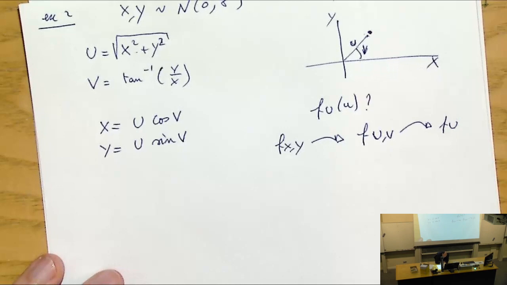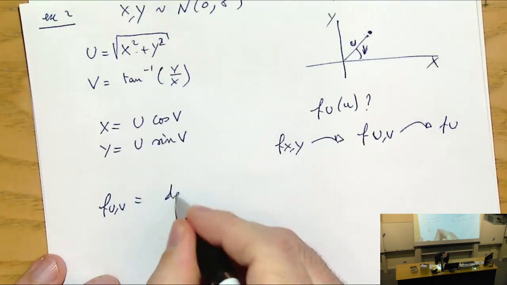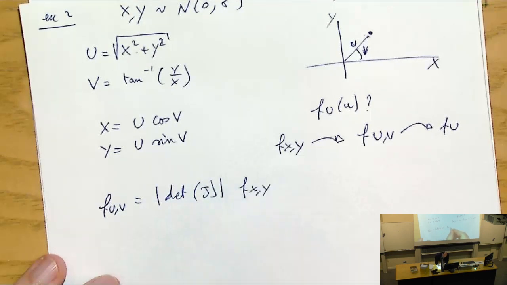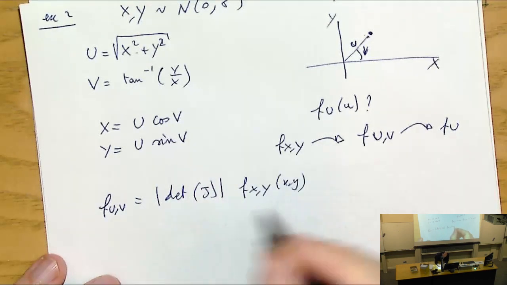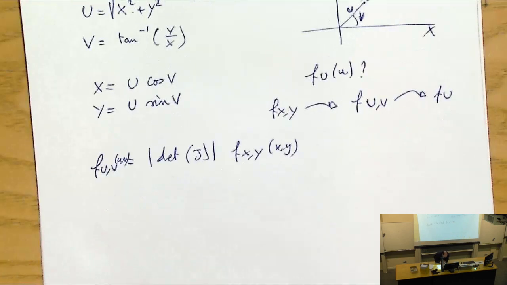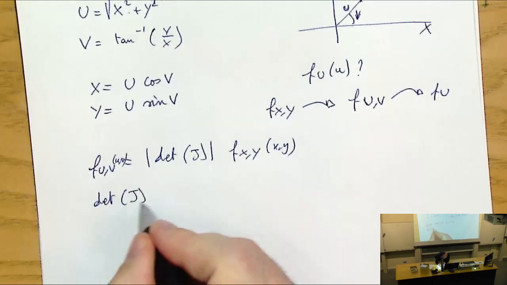Right, so how can we do this? f of u, v will be again the determinant of a Jacobian multiplied by the joint probability density function of x, y. And so what is the determinant of J here?